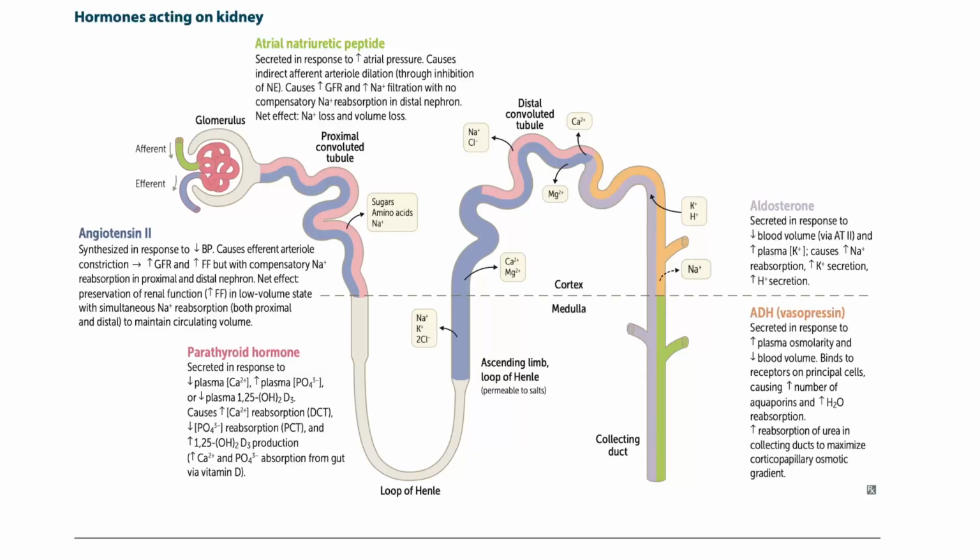Okay, let's look at where each hormone is acting on. So ANP is acting on the afferent arterioles.